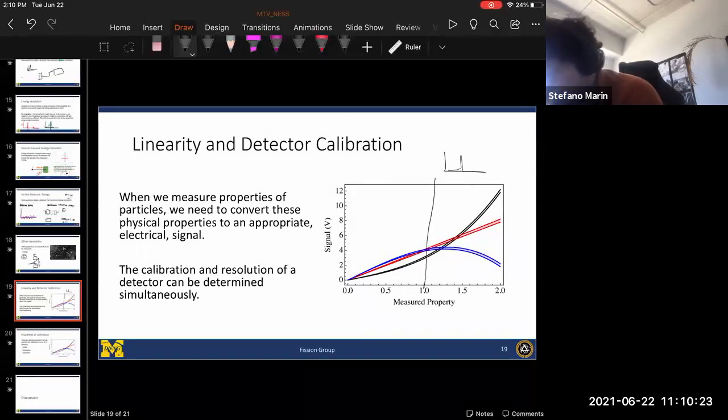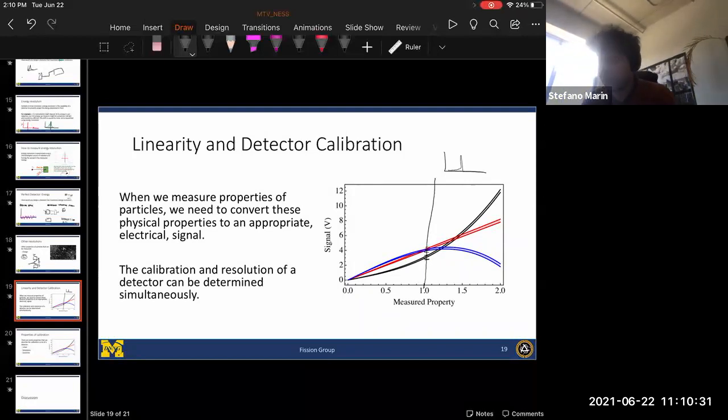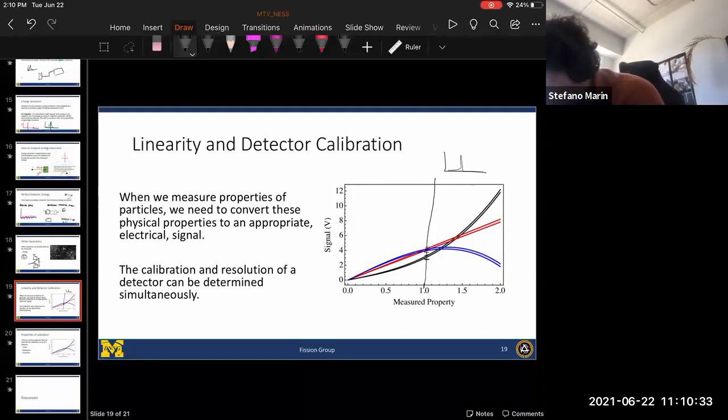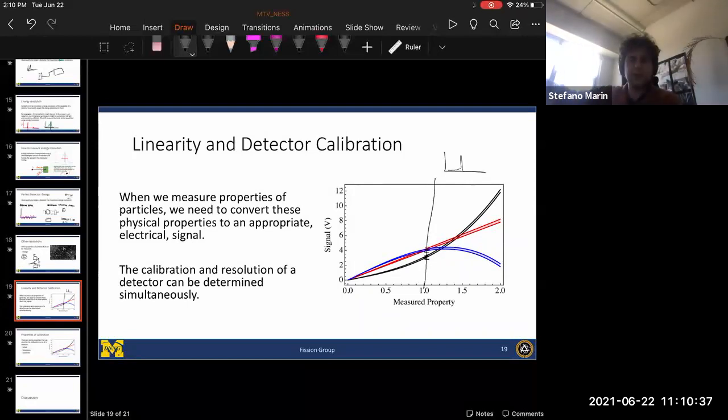What we discussed so far is how wide the signal is with respect to how it should be. If it was a perfect detector, the width of this line should be exactly unit. It should be like a widthless line. That would mean a perfect resolution detector.